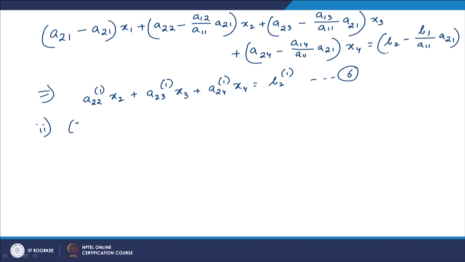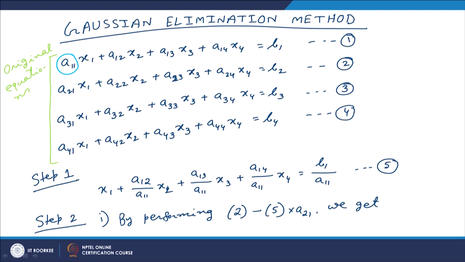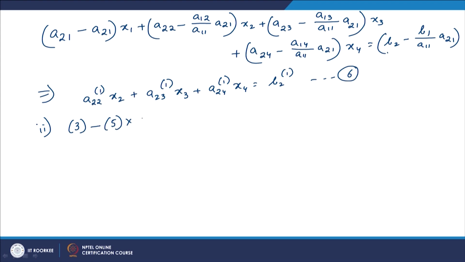Then we do equation 3 minus equation 5 into A31. We get A31 minus A31 x1, so we are basically eliminating x1 from all these equations.